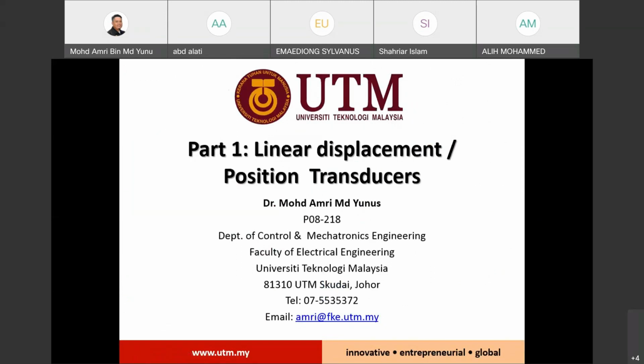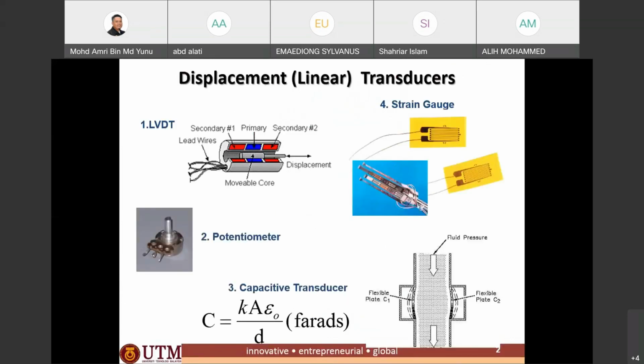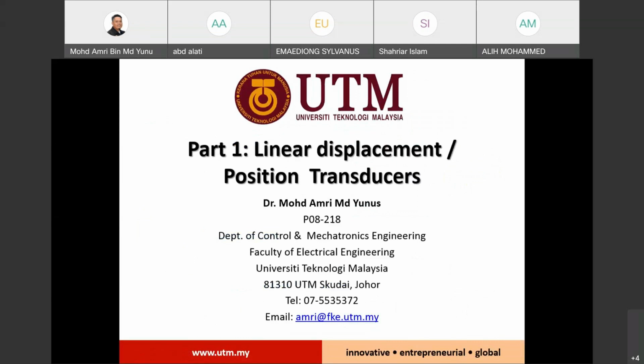So we continue our lesson on the six lessons: linear displacement and position transducer. So we will try to finish this part of the lesson.